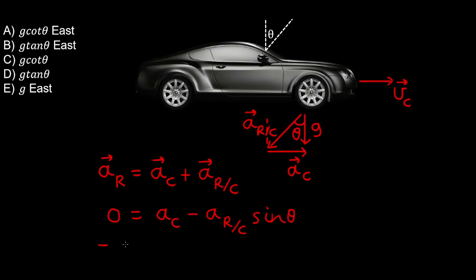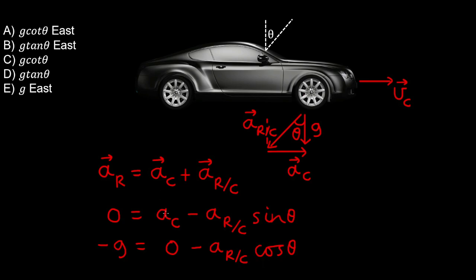And the vertical acceleration of the raindrop, which is downwards, is equal to the acceleration of the car in the vertical direction, which is 0, minus the magnitude of the acceleration of the raindrop relative to the car, cosine theta, to get the vertical component.